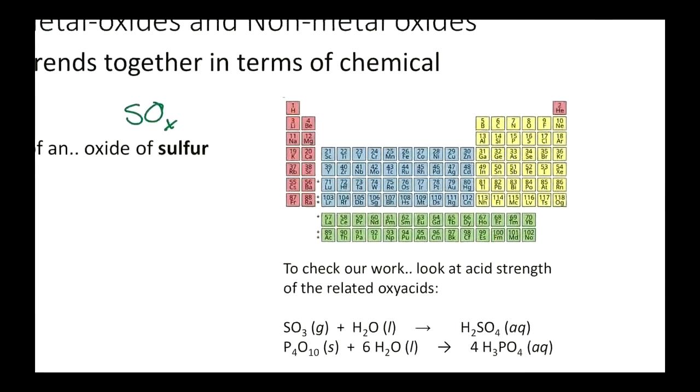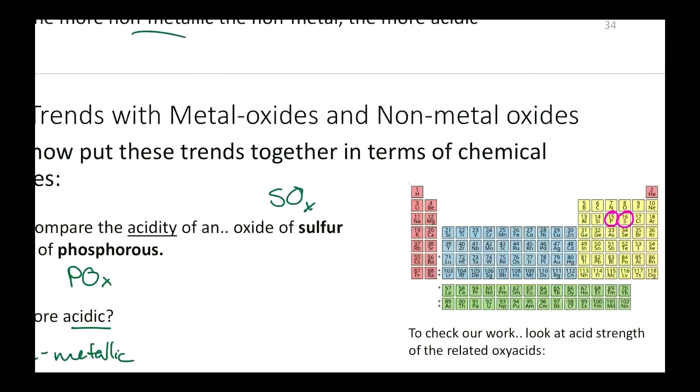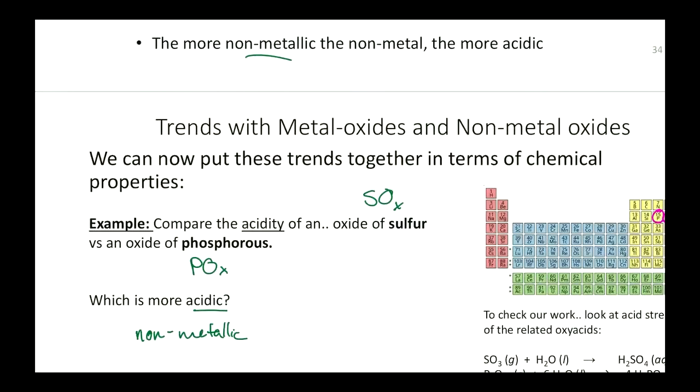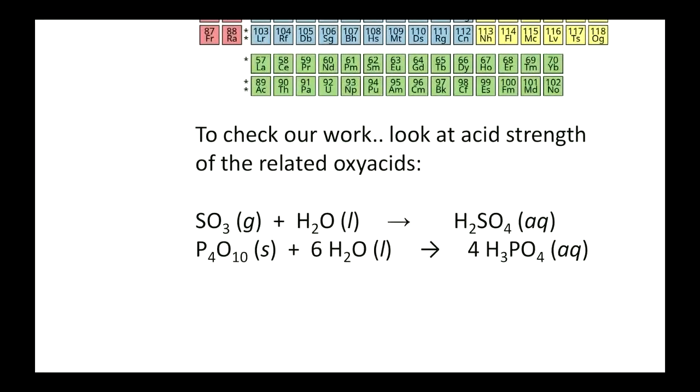So then we locate those things on our nifty periodic table here. So we have phosphorus and sulfur. So that's where they are on the periodic table. So with all those things together, which one will be more acidic, SOx or POx? SOx, yes, because sulfur is more non-metallic. But let's check our work. So look at these oxides. So sulfur oxide plus water gives us that.